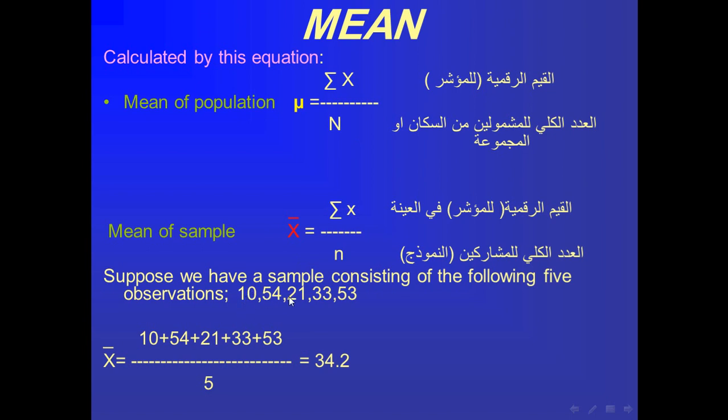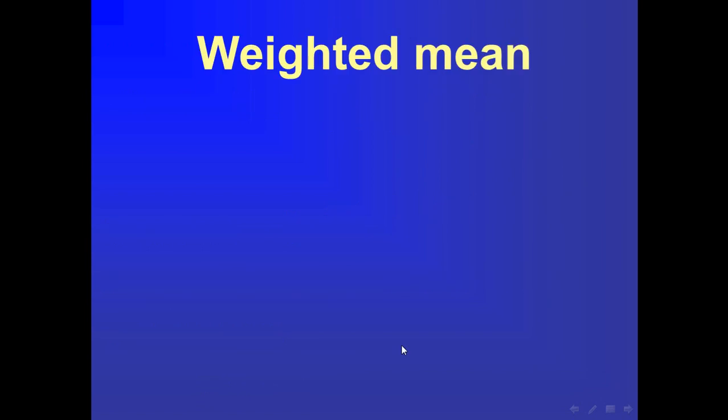We have 5 numbers only, but the summation of these numbers we have to put here, and the total number of the figures put down. So the summation and the number of patients or persons included as a sample, we have to put it down. So the result is 34.2.